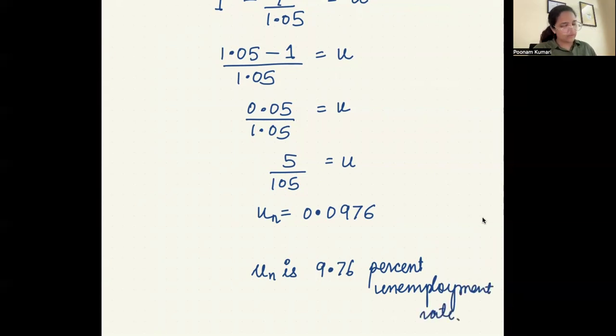So in decimals it is this. If we want to put it in terms of percentages, it is this. So this is my natural rate of unemployment. This is fine. Everybody okay with this step? Shall we move on?